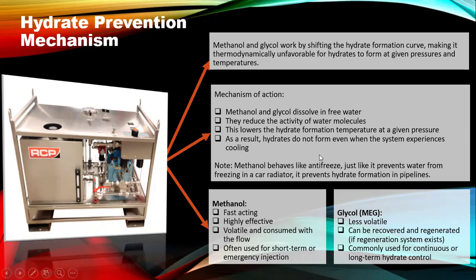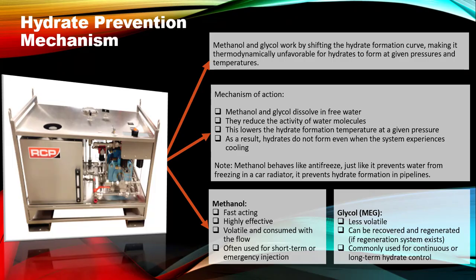Now we have methanol, we have glycol. Now, which one do you prefer? Methanol acts faster. It has a high effectiveness. It is volatile and consumed with the flow. So by the time you inject it, it will go along with the flow. It's often used for short-term or emergency injection. Now, glycol is less volatile, can be recovered and regenerated.